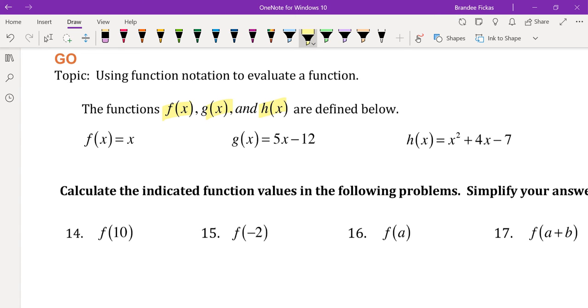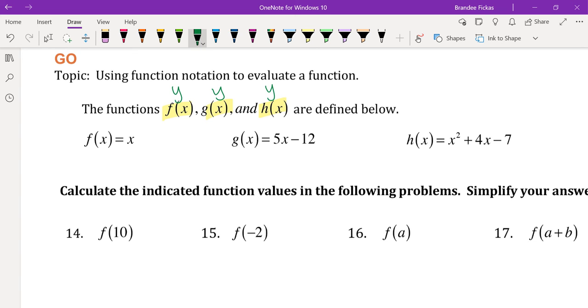When we see f of x, g of x, h of x, anything of x, instead of saying y equals, all of these represent y. And if all of these said y, we would not know which one to plug into. We would not know if it was f of x, g of x, or h of x. So we have to rename them.